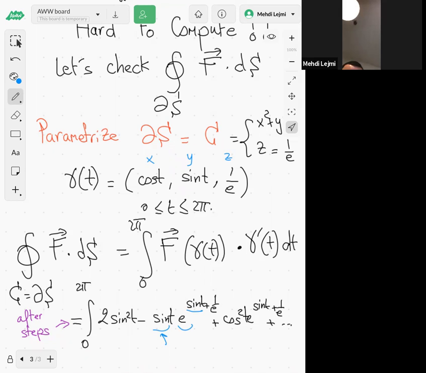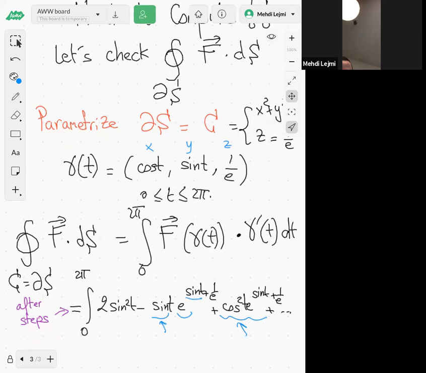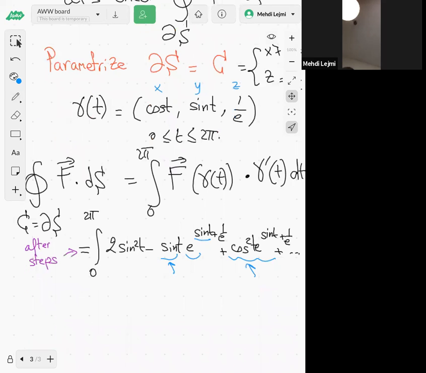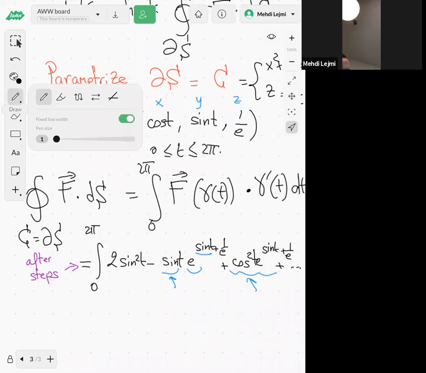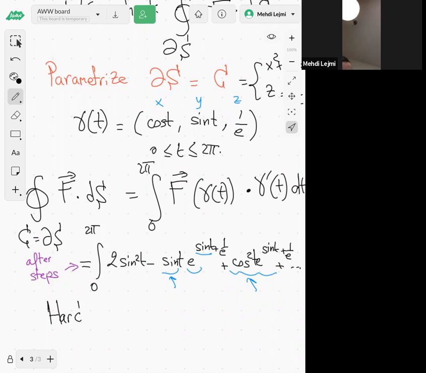But this is sine of t times e to the sine of t, so this is going to be a mess to integrate. And here is another mess: you have cosine squared of t times e to the sine of t. This is very hard to actually integrate. So yeah, I can just wish you good luck computing this integral. This is very hard to compute.